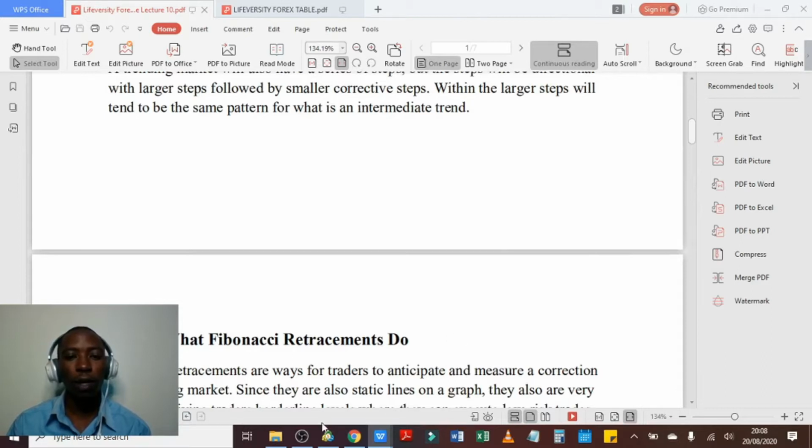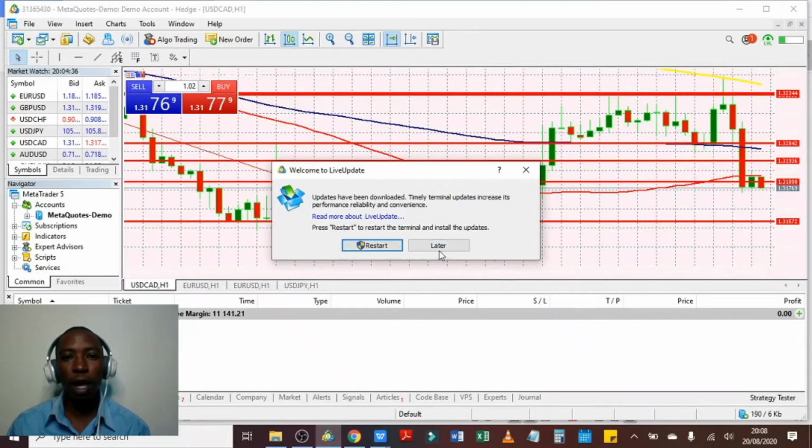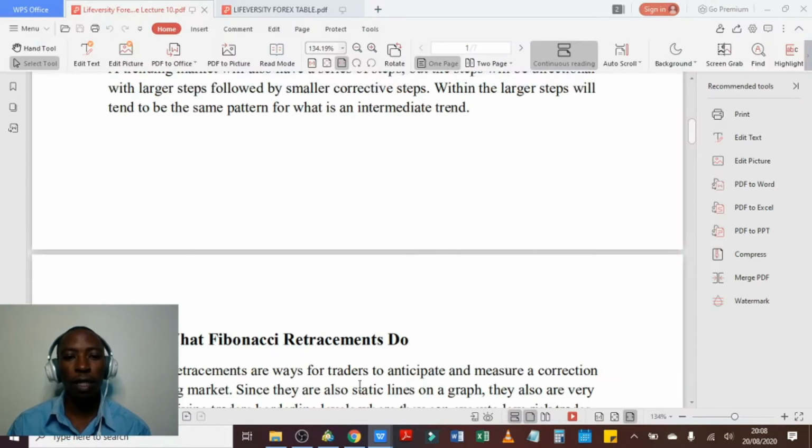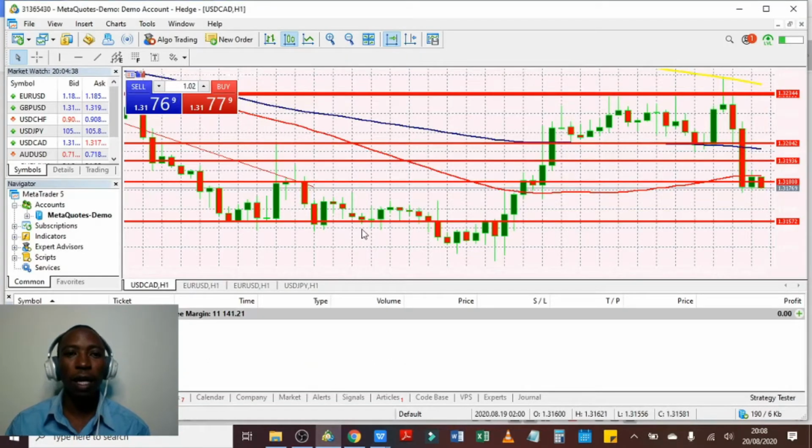Let's go over to the chart and see how to put Fibonacci retracements on your chart. A Fibonacci retracement, for me, is just a hybrid tool. In lecture number 9, we talked about trend lines and support and resistance lines. Fibonacci is simply a hybrid tool that is a combination of the two.